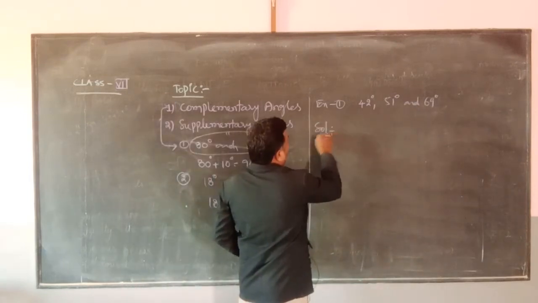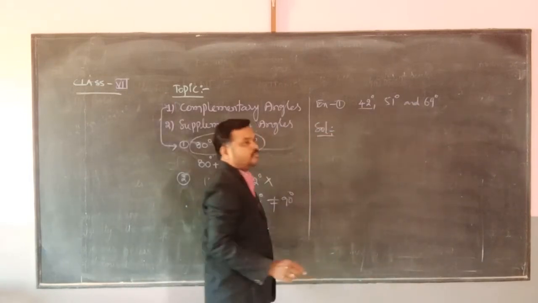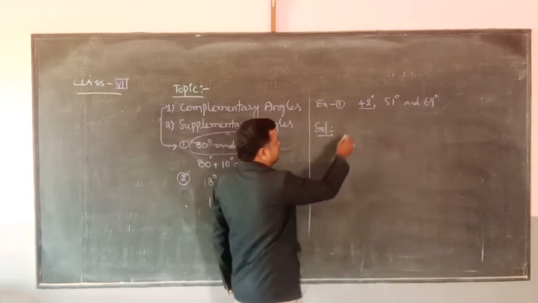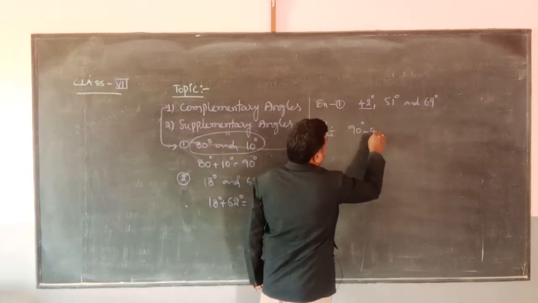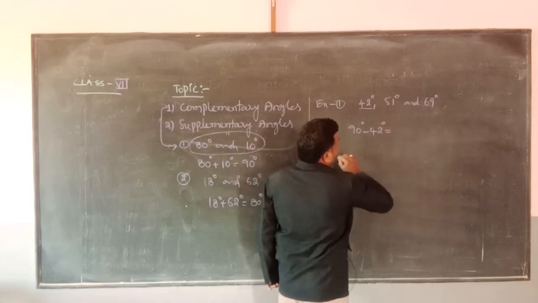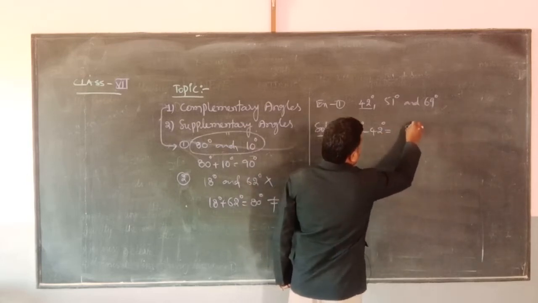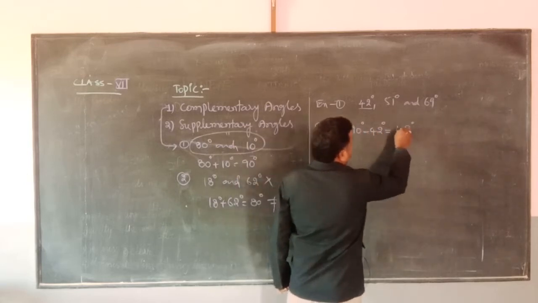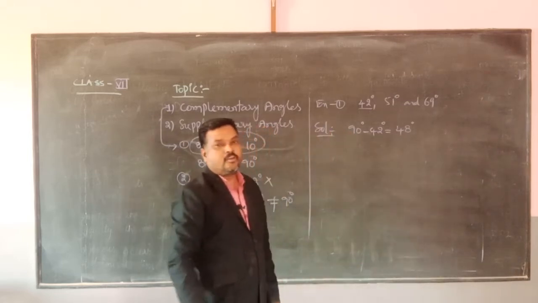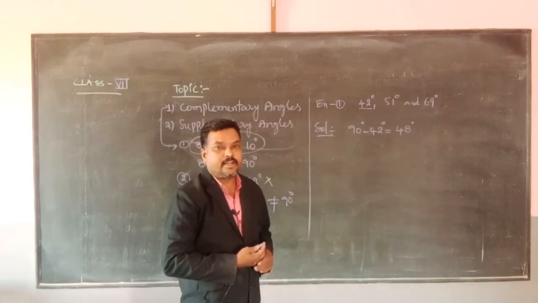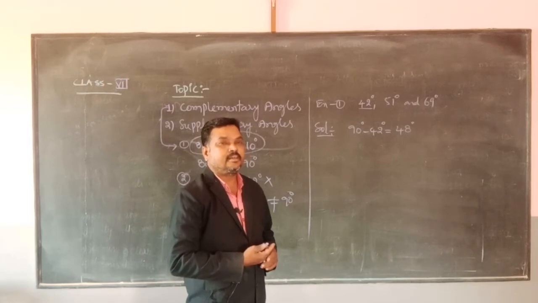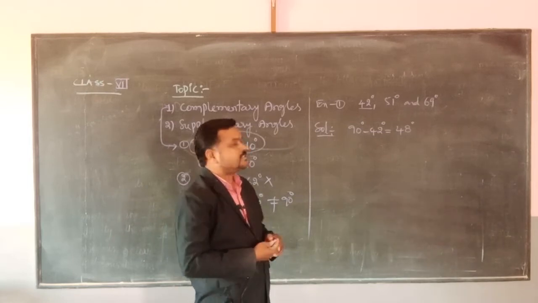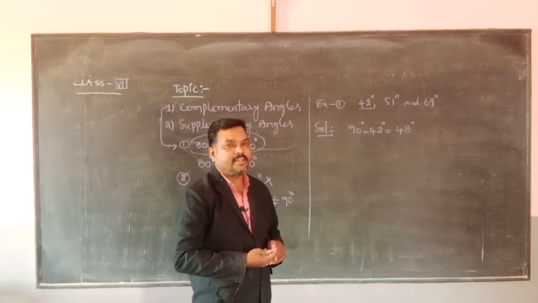See, for 42 degrees, what is the complementary angle? 90 degrees minus 42 degrees is equal to 48 degrees. It means 48 degrees is the complementary angle of 42 degrees, or 42 degrees is the complementary angle of 48 degrees.